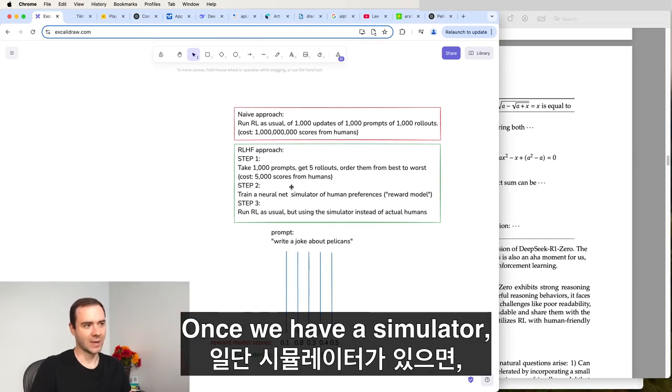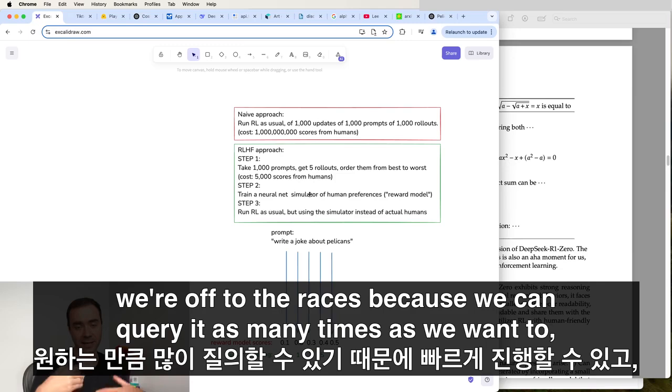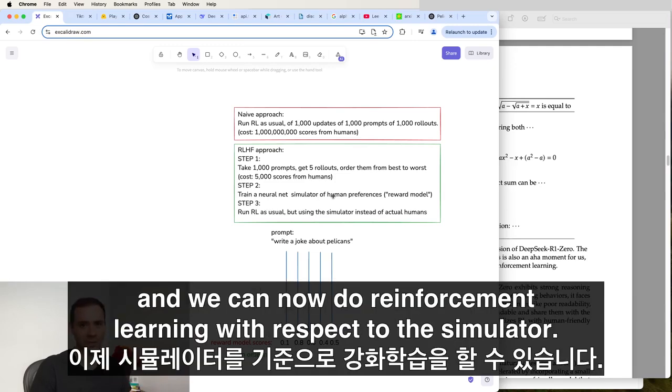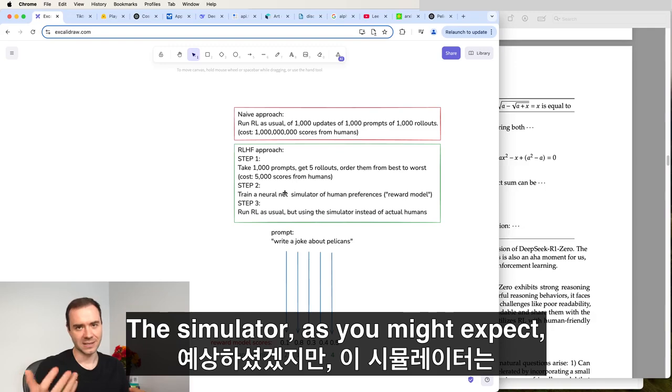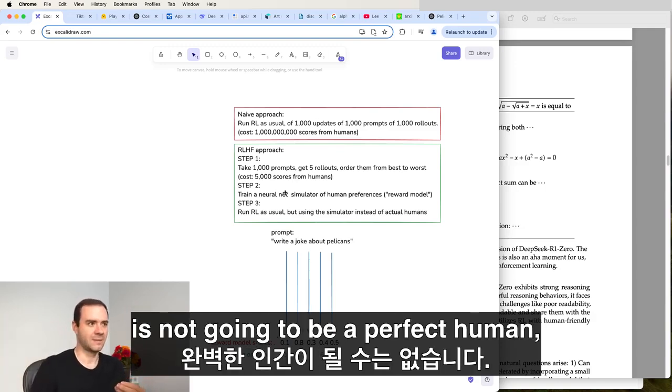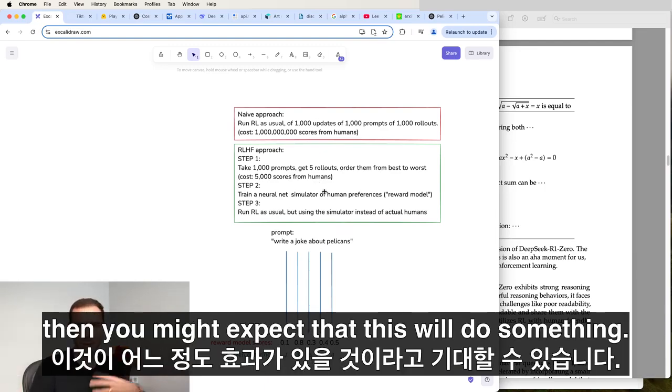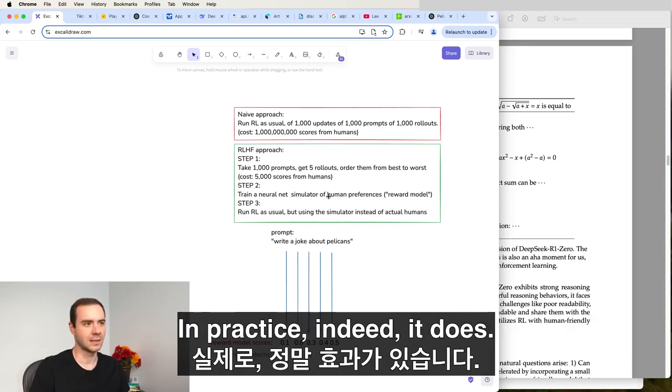And so once we have a simulator, we're off to the races because we can query it as many times as we want to, and it's a whole automatic process, and we can now do reinforcement learning with respect to the simulator. And the simulator, as you might expect, is not going to be a perfect human, but if it's at least statistically similar to human judgment, then you might expect that this will do something. And in practice, indeed, it does.